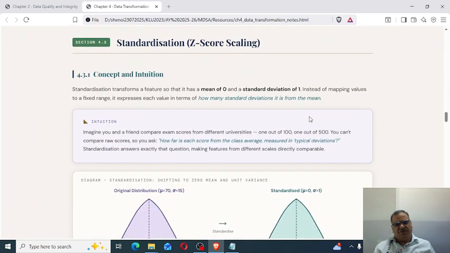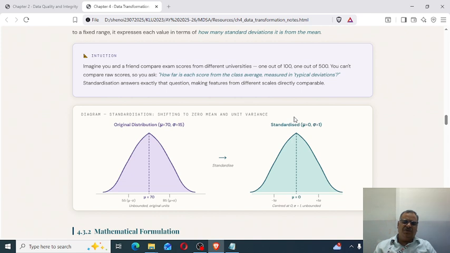And in the case of the z-score transform, we have a mean of 0 and a standard deviation of 1. So all the values will be mapped around 0, and it will be in the normal form. The z-score tells us how far the data is away from the population mean. From the graph, the center line is the mean, and for data points like 55 and 85, we can see how far they are from the mean.